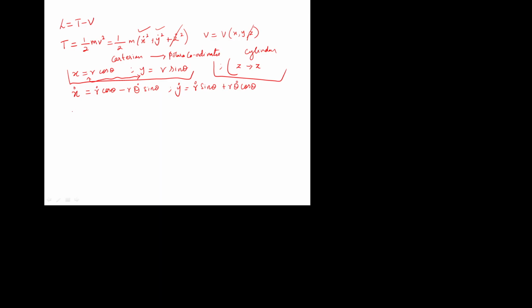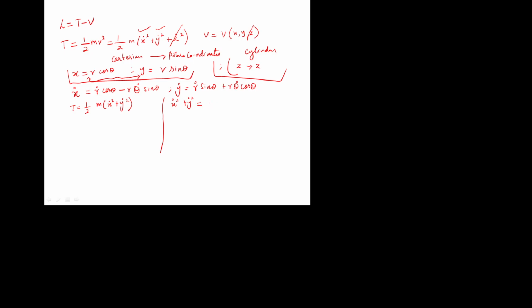Then we have T equal to one half m times x dot squared plus y dot squared. So first let's find x dot squared plus y dot squared.